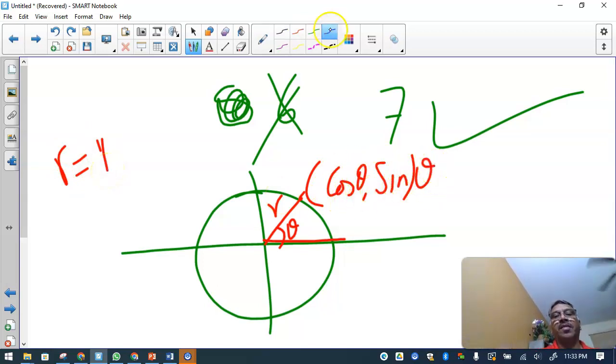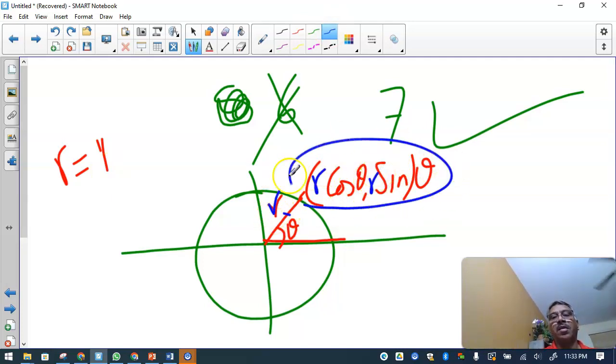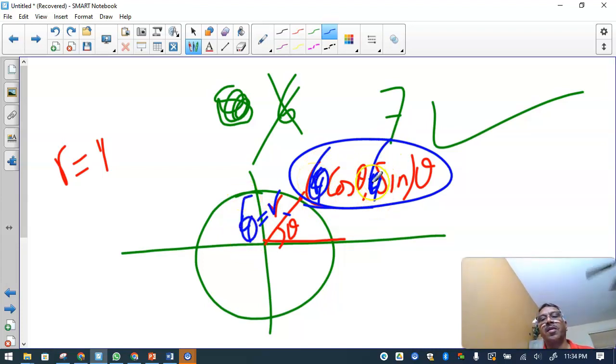But whenever there is an r, then you have to put r cosine theta, r sine theta. So this is the main thing to understand. That r is the most important number here. If r is 4, you just write 4 cosine theta, 4 sine theta. If r is 6, this is 6 cosine theta, 6 sine theta. That's the most important thing.